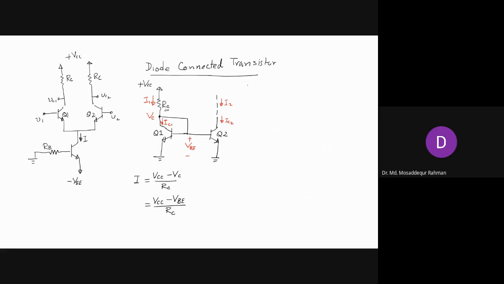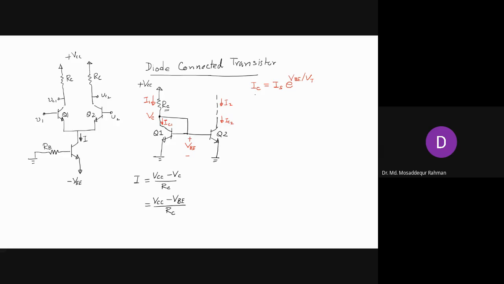Now for the transistor, the equation of the collector current with the base voltage is given like this. IC is IS e to the power VBE divided by VT. So this equation has a lot of similarity with the diode equation.